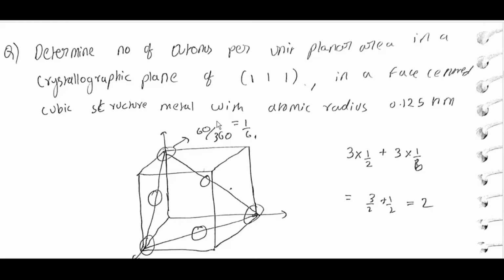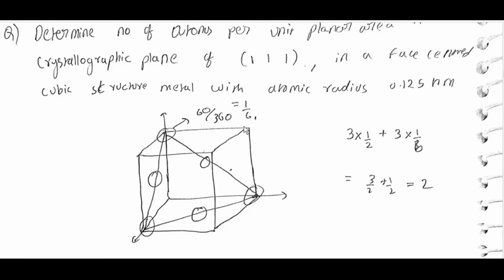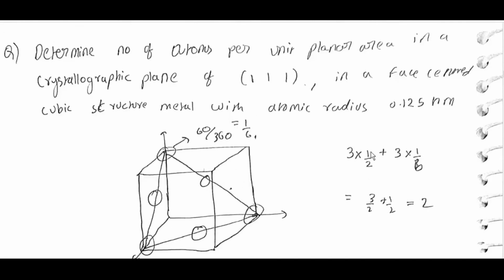In face-centered cubic, 60 by 360 is equal to 1 by 6. 3 into half per unit planar area in a crystallographic plane in a face-centered one.